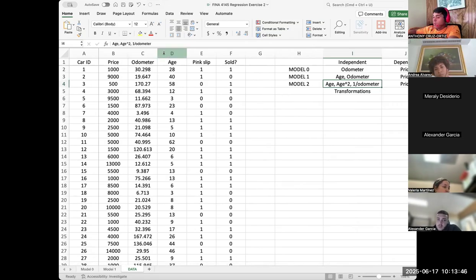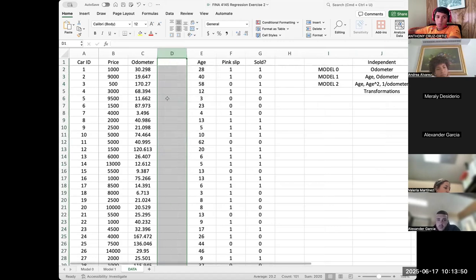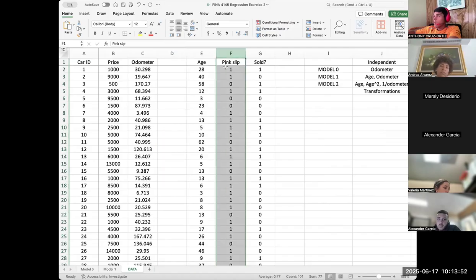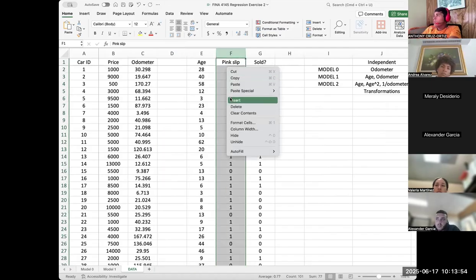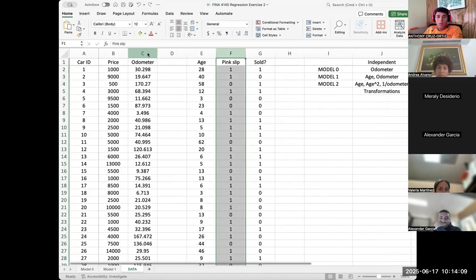Okay, so let's do odometer and then age square. So this is going to be 1 over odometer. But that's not a good way to do it because I need to make them all side by side, right? So let's forget that. Let's do this another way.